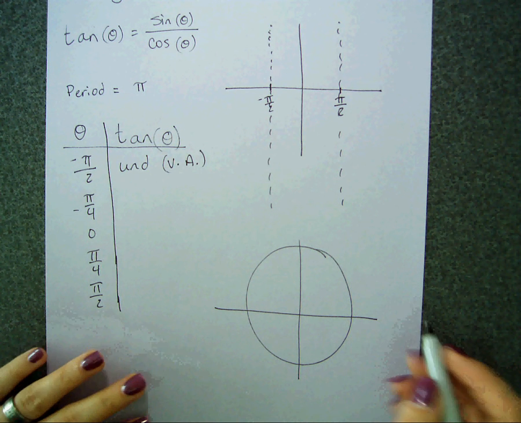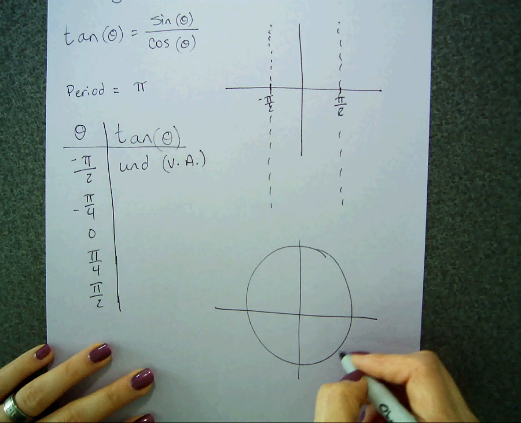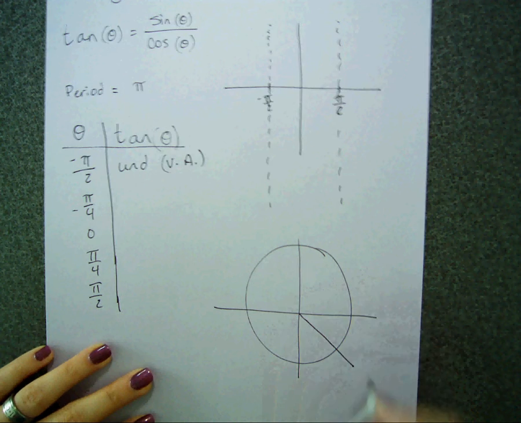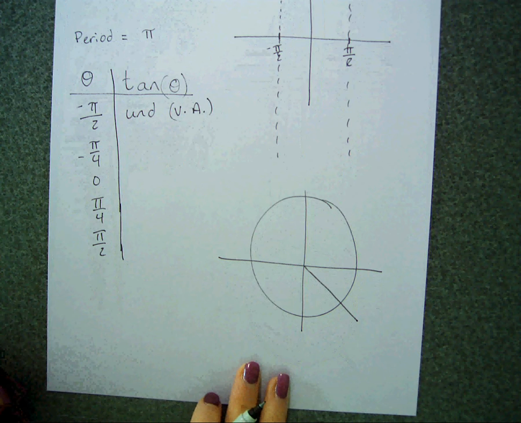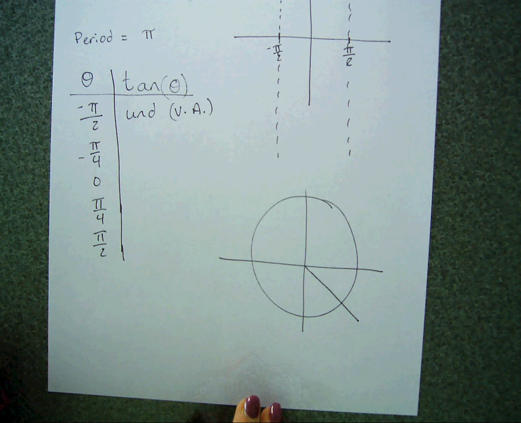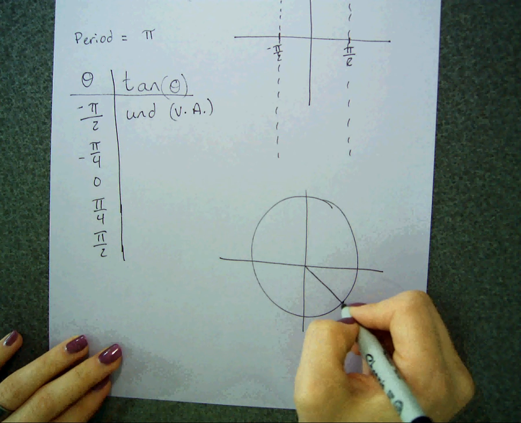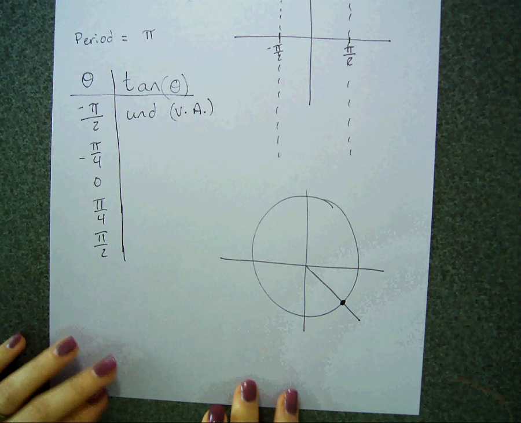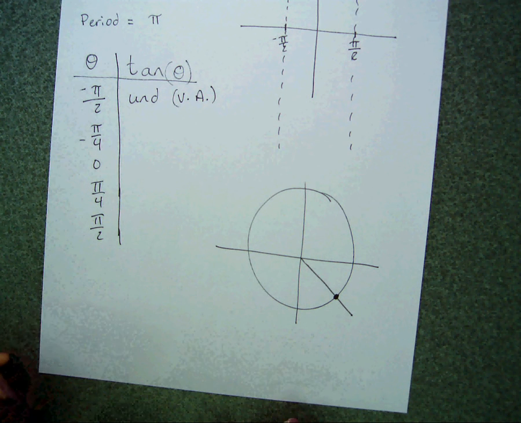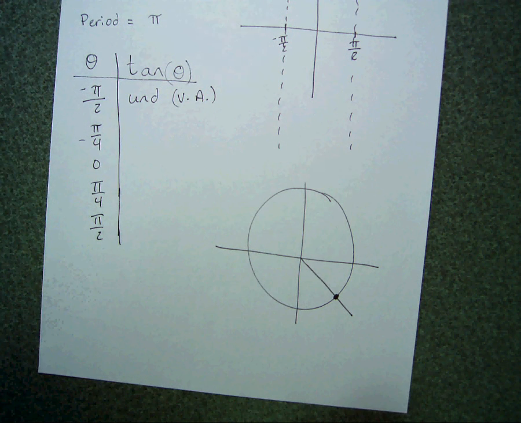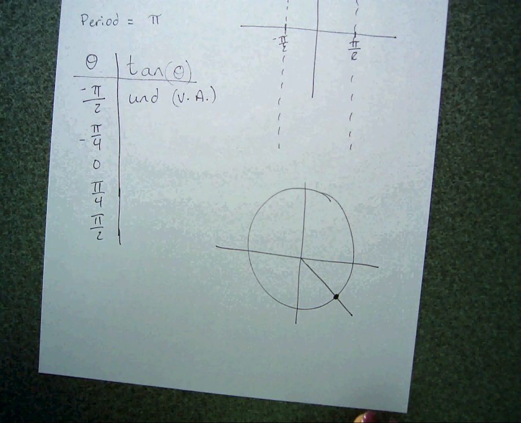So that puts me right here in the 4th quadrant. So tangent of negative pi over 4 gives me what? What is the coordinate that the terminal side of my angle passes through at negative pi over 4? You have your unit circle. What is that coordinate?